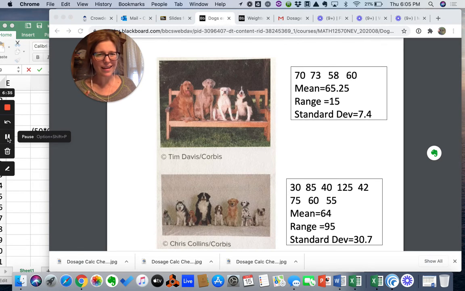The last thing I'd like to mention. Page 372 talks about relative standard deviation and the coefficient of variation. Those are two terms for the same thing. Now you can find that for a sample standard deviation or a population standard deviation, but remember, we're just sticking with the sample standard deviation.